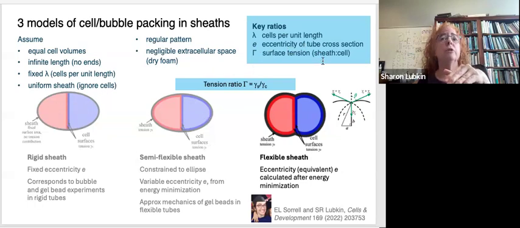For the rigid sheath, we don't need to keep track of a surface tension ratio, but for these other 2 models, we were keeping track of the ratio of surface tensions in the sheath versus the interior cells. In the rigid sheath, the eccentricity was imposed, corresponding to the gel beads packed in a flexible silicone tube. And in the flexible sheath model, we calculate the eccentricity of the arrangement after the fact.